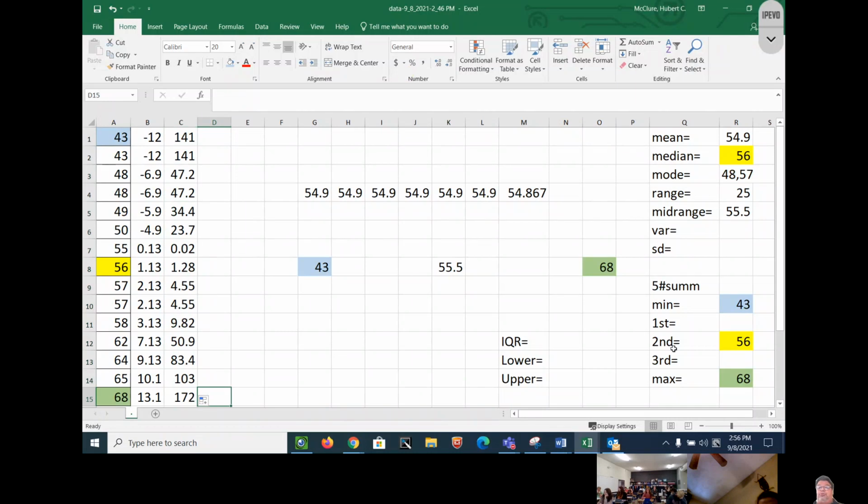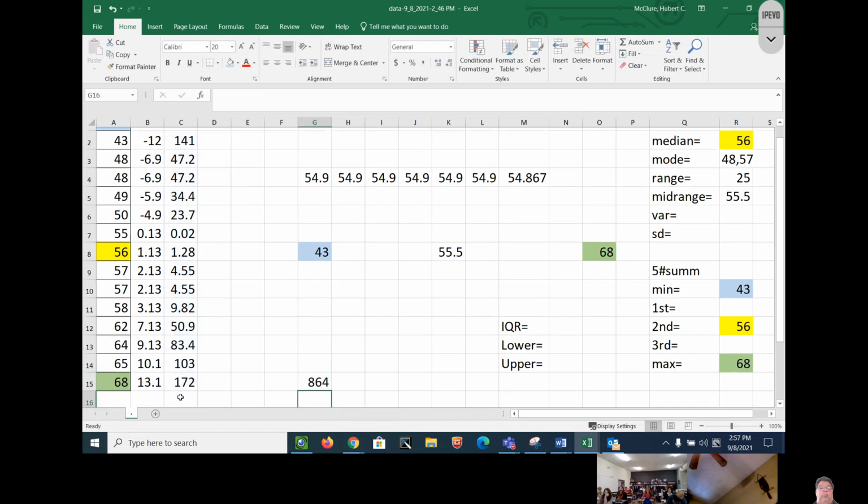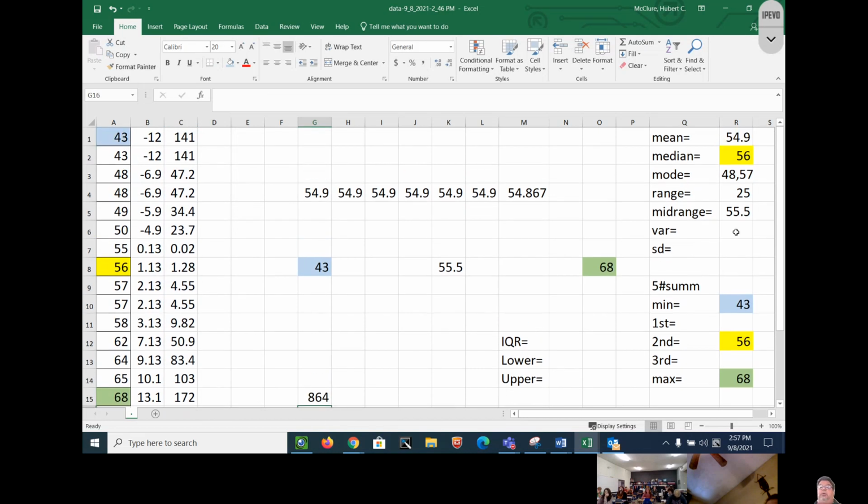And all those numbers added up, I'm going to put right here, is that number. And that is the numerator for your variance, divided by 14. And raise that to the 0.5 power. And there is your curve.